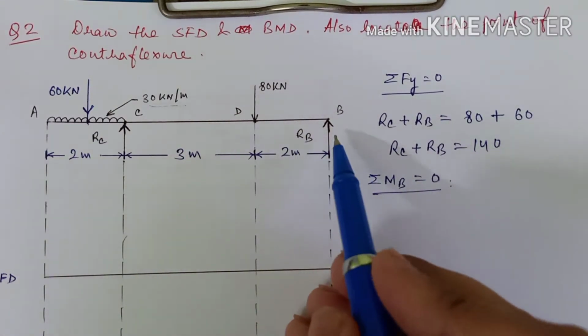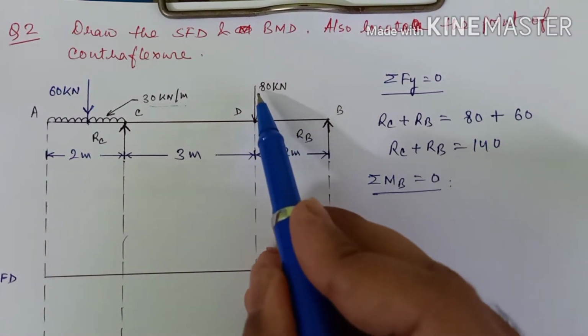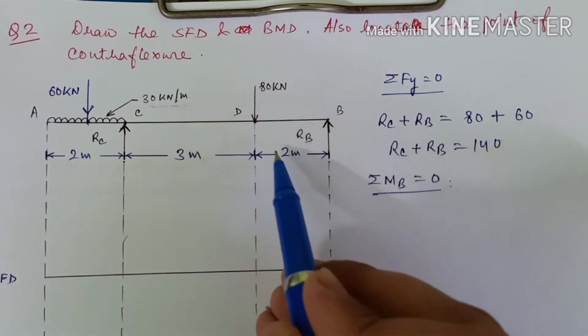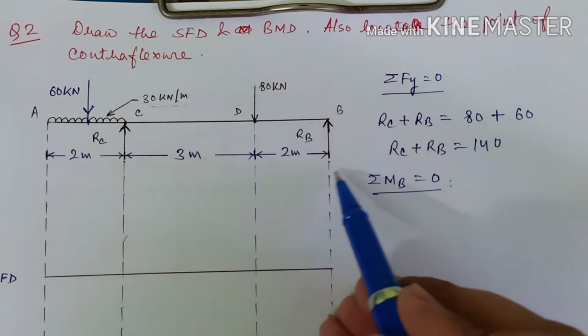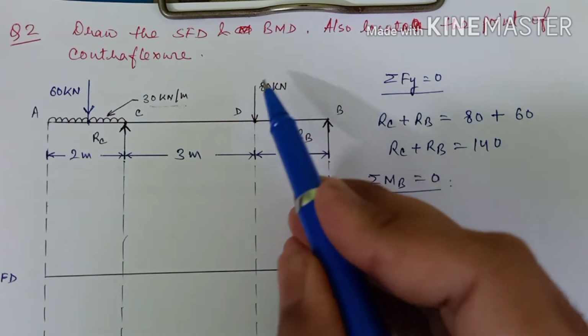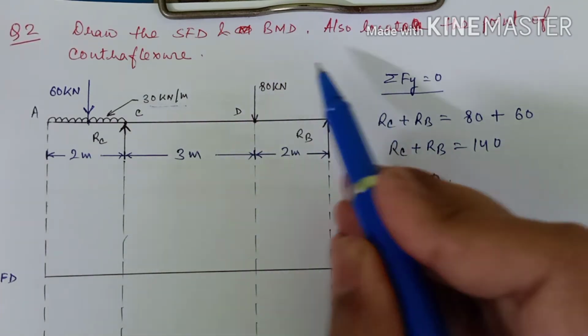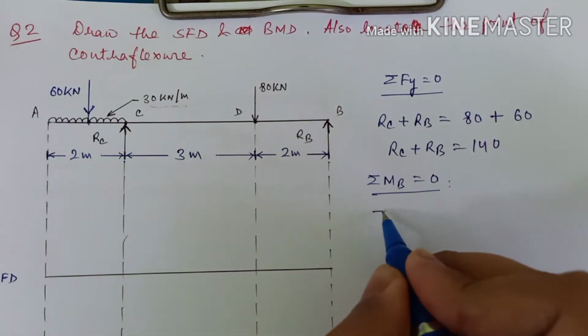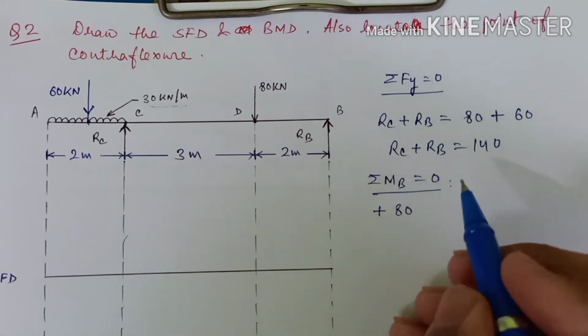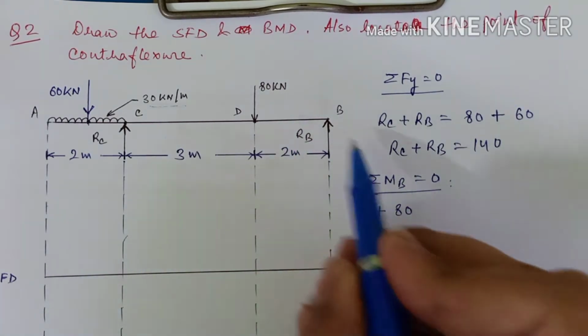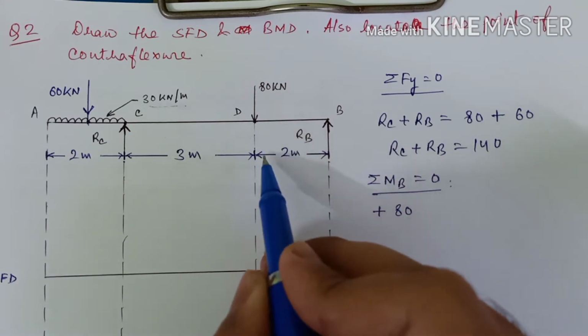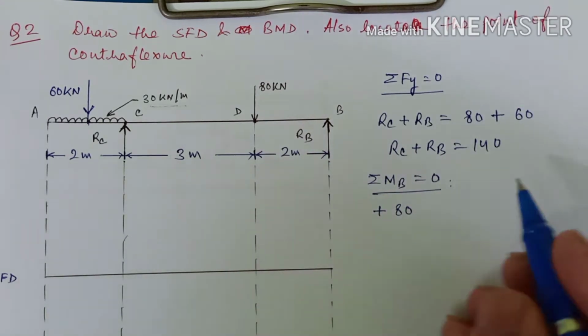Fine. So see, first let us consider this 80 kilonewton force. This will try to rotate the beam in the anti-clockwise fashion. So it will be positive, so plus 80, and what will be the value of moment? Force multiplied with the perpendicular distance, that is 2 over here.